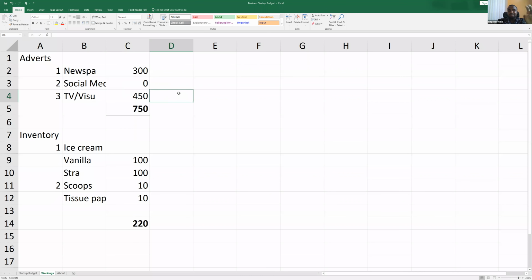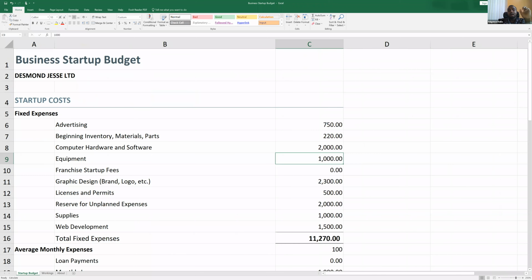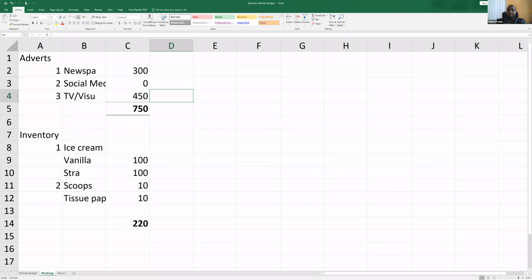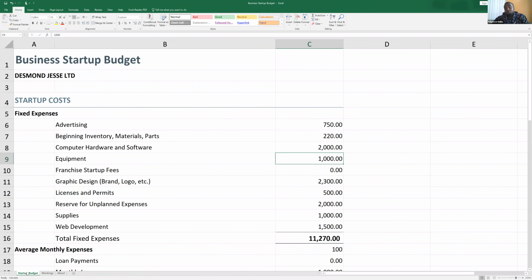So basically, this is the most important thing in your budget. Avoid as much as possible giving a block figure in your budget. Yes, at first it is good for it to be a block, but ensure it is under working somewhere. Because some of the investors, when you present this budget to them, will pose a question: so what comprises the advertisement?